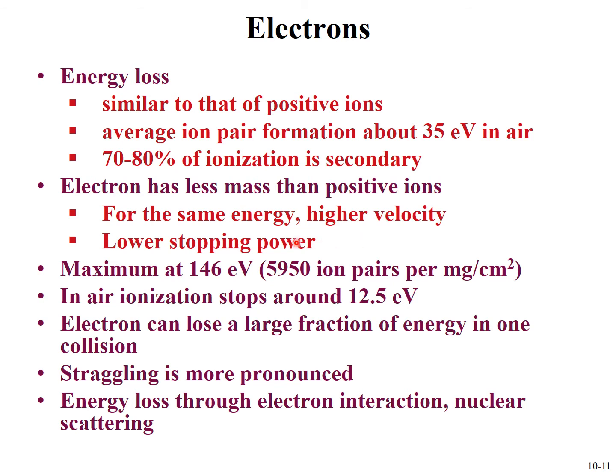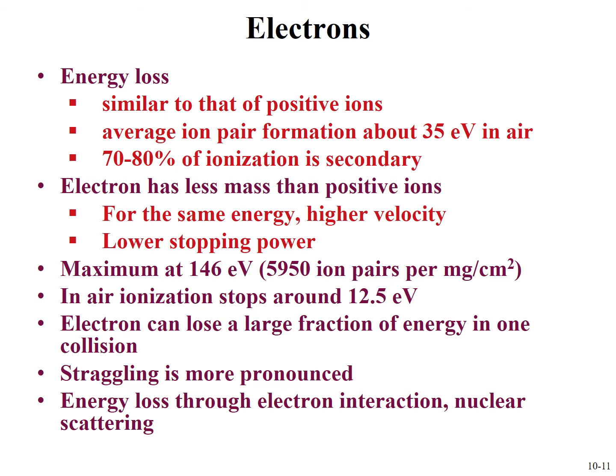At a maximum of around 150 electron volts, you get close to 6,000 ion pairs per milligrams per centimeter squared. In air, this ionization stops around 12.5 electron volts. So once you get down to that energy, the electrons are going to stop.